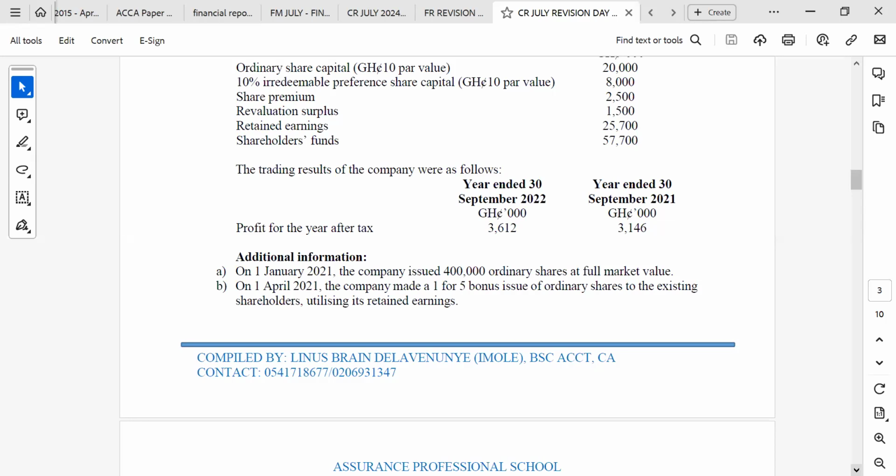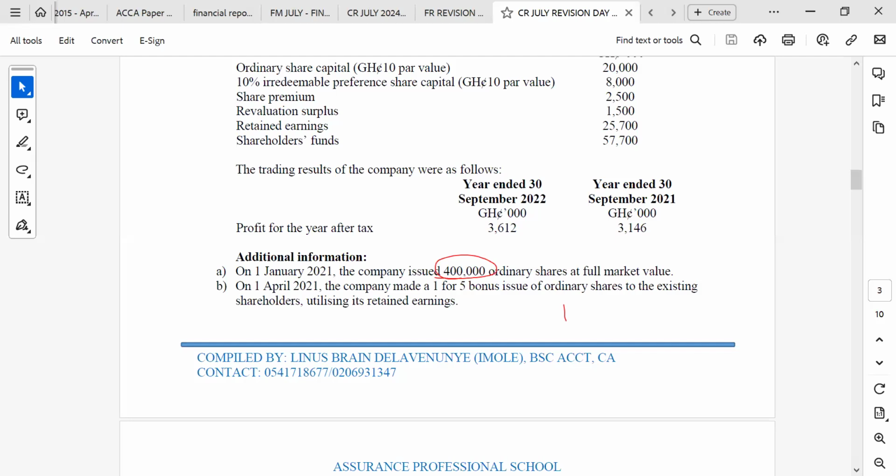Bonus issues are assumed to be in existence from the start. So this 1-for-5 is going to be affecting the ordinary share capital of 2,000, isn't it? At the same time it affects the full market value issue that was there before. Let's do this calculation.